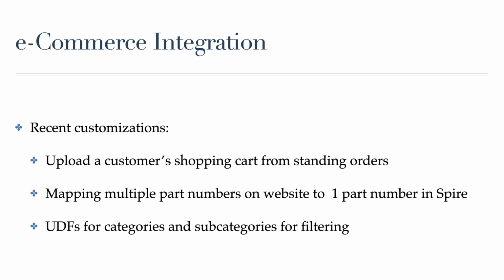Another company wanted a mapping tool to link multiple part numbers from their website to one part number in Spire. And yet another client of ours wanted to use Spire's user-defined fields to link categories and subcategories for filtering items on their WooCommerce site. This allowed their customers to search for products by manufacturer or product code.